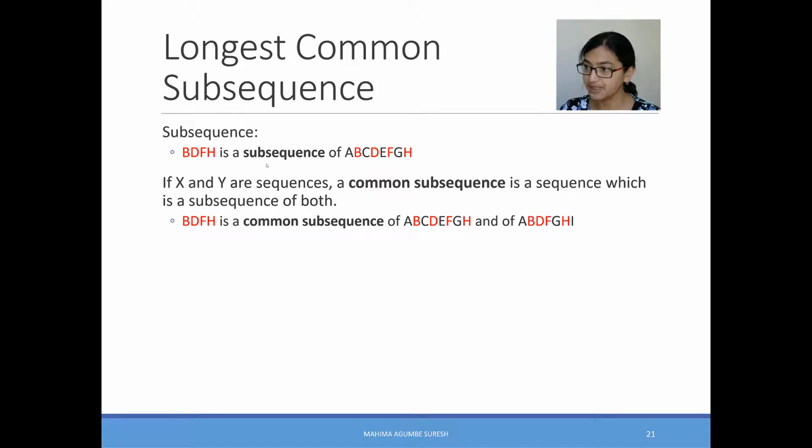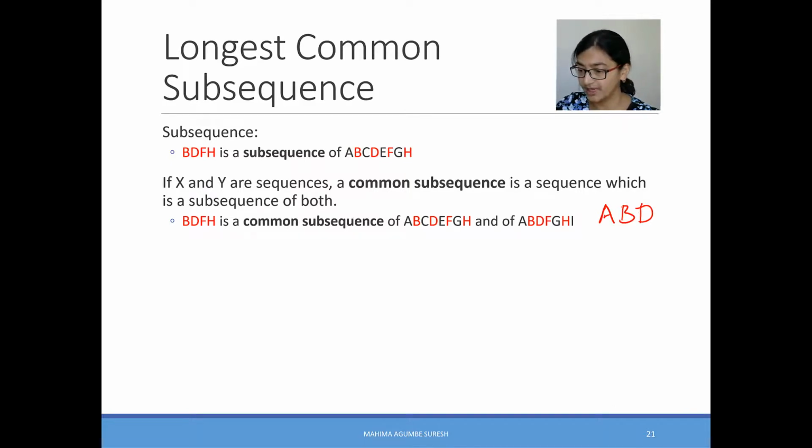Let's look at some examples here. In this case, if the two strings are A, B, C, D, E, F, G, H and A, B, D, F, G, H, I, then the common subsequences that you can look at in both of these are BDFH, and let's say ABD is another.